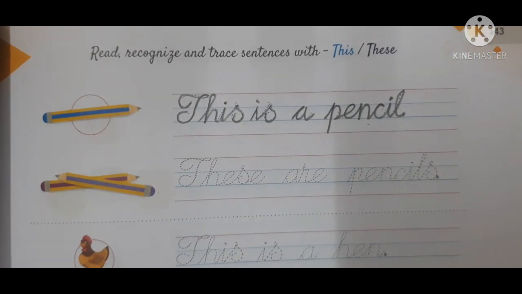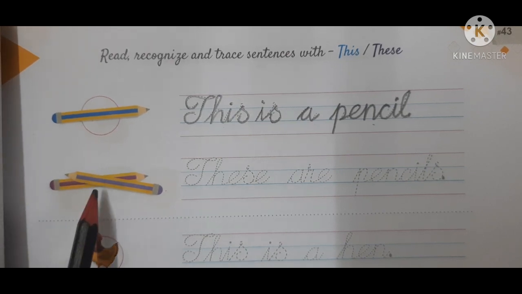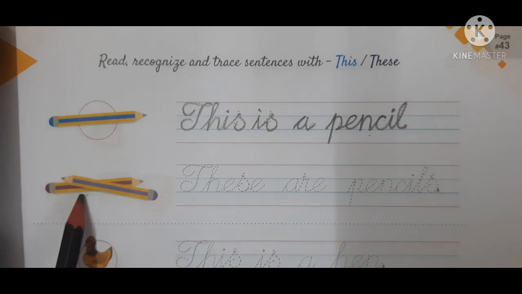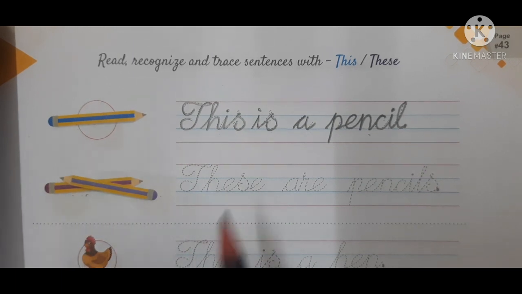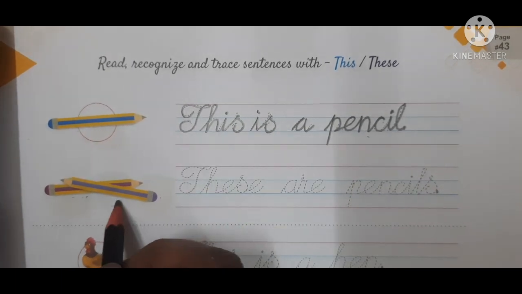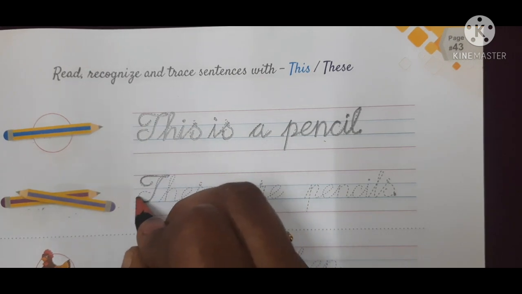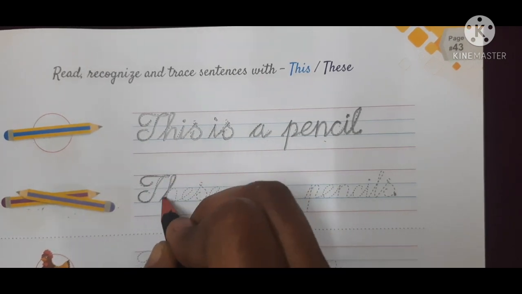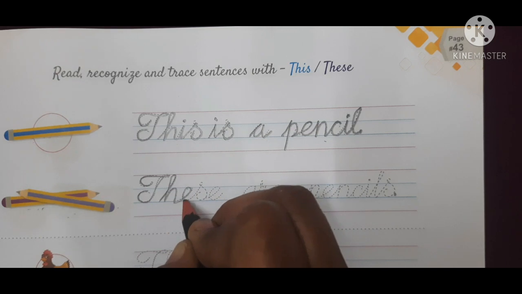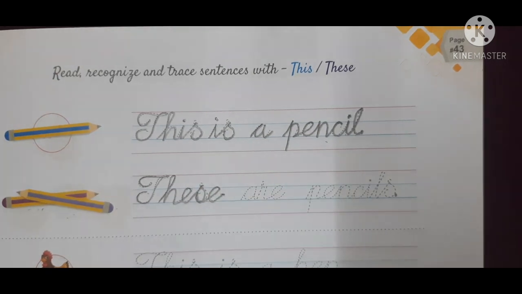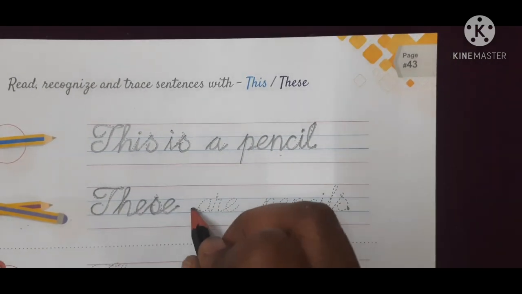Next, look at this picture. More than one object, that is two pencils, are there. So we have to use the term these, because it is arranged near to us. These are pencils. T H E S E. These are.